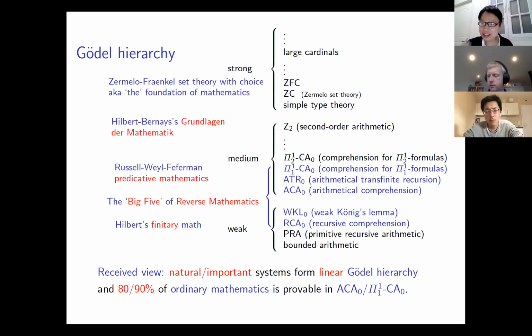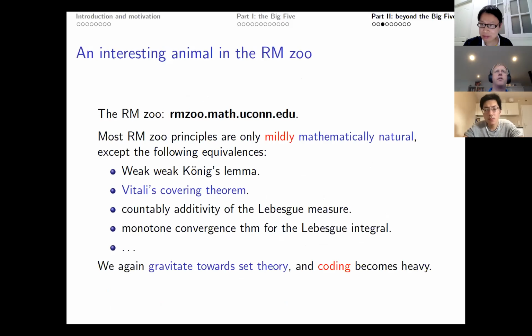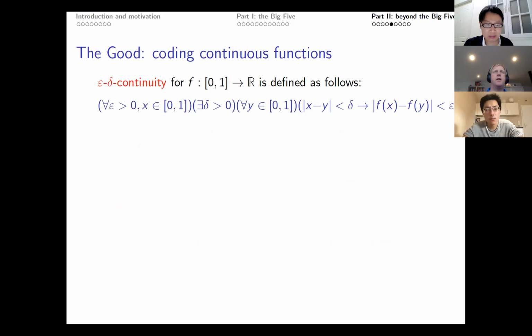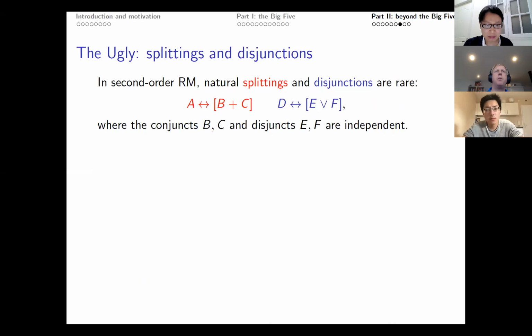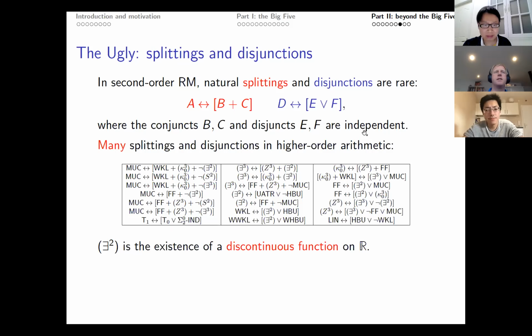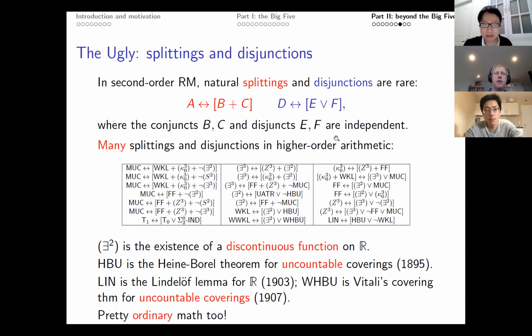Okay, is this the reason that you doubt whether the Gödel hierarchy based on comprehension is the right scale to classify objects? Yeah? Well, that's more because we get this problem, like these splittings and these disjunctions.